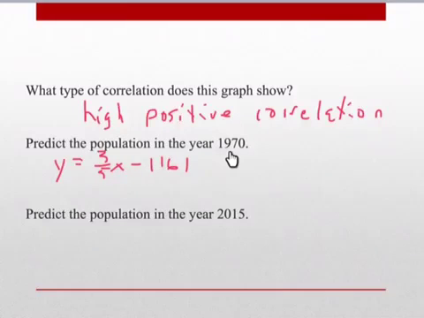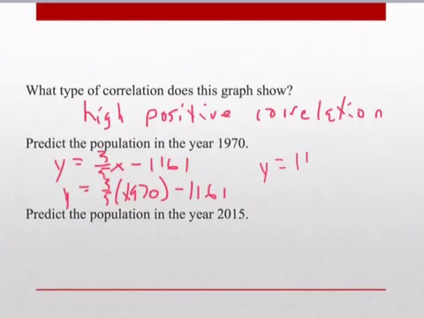So y is equal to 3/5 times 1970 minus 1161. The first thing we're going to do is 3/5 times 1970, which would give us 1182. 1182 minus 1161 will give us 21. So that would tell us there'd be about 21,000 people in 1970.